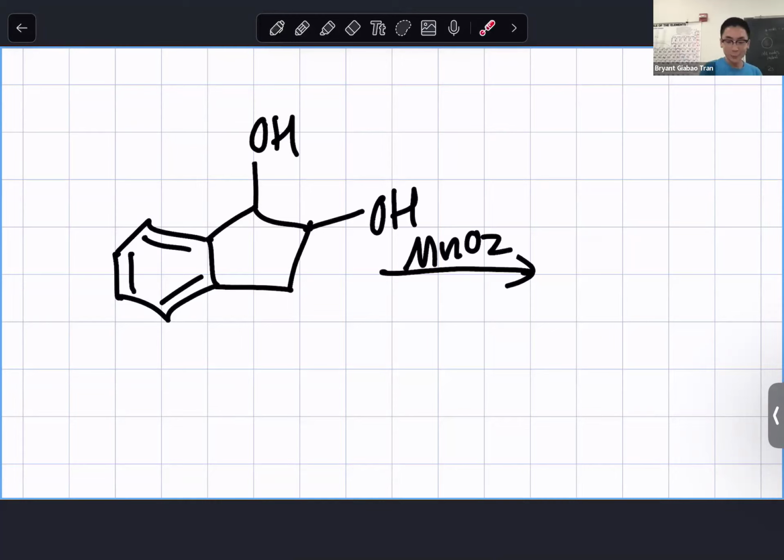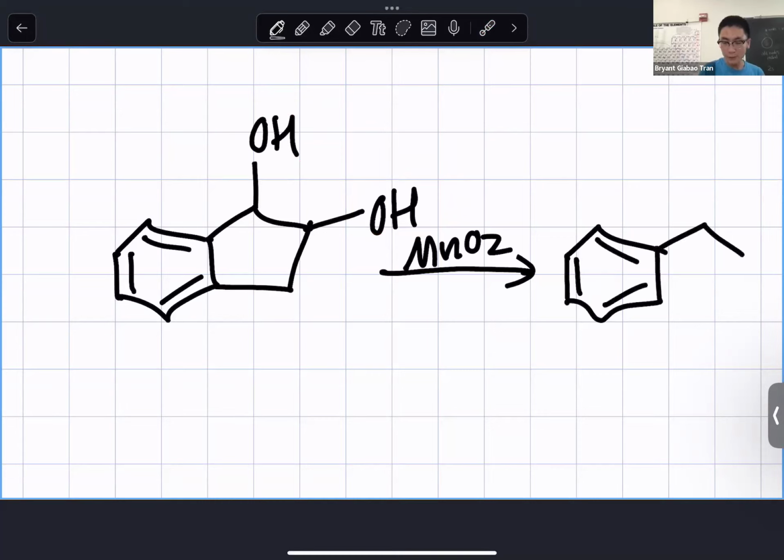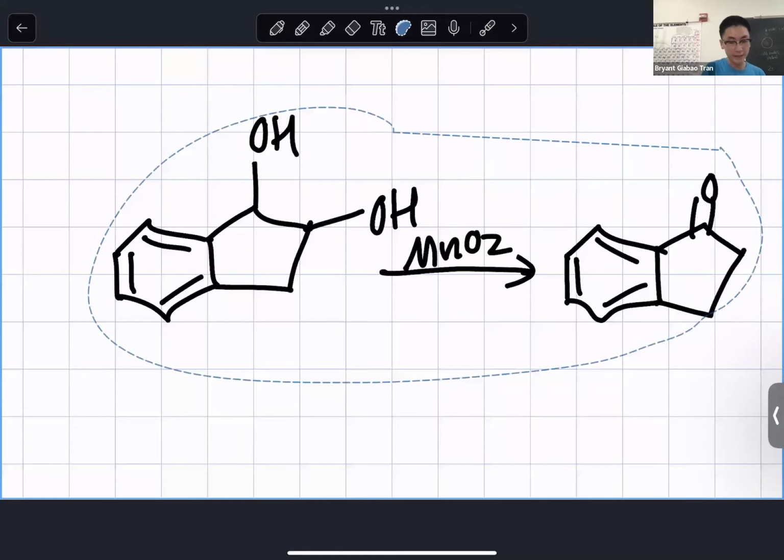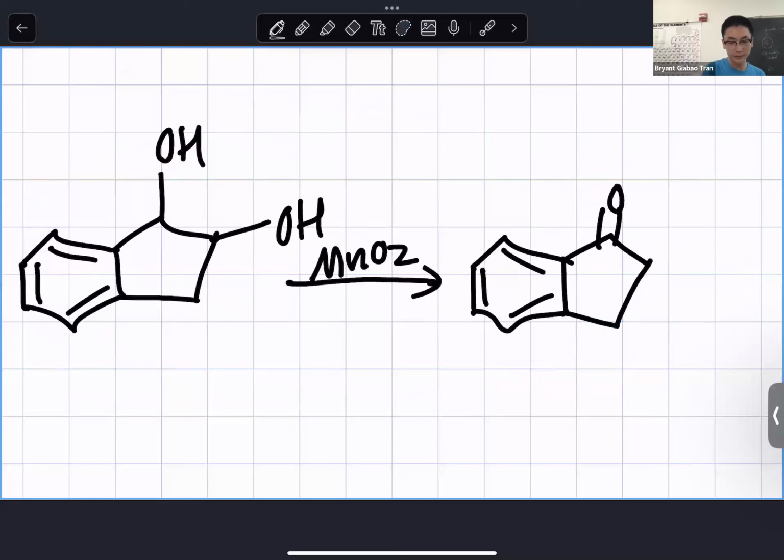Yeah, the benzylic one, where this alcohol is ortho to this ketone. So it doesn't have to be meta. I'm just trying to show that the allylic or benzylic alcohol gets oxidized. Any other alcohol that is not benzylic or allylic stays as an alcohol. It doesn't get oxidized.